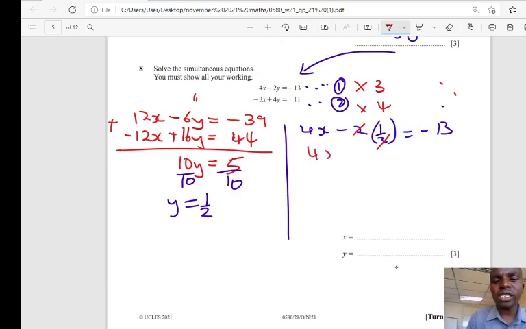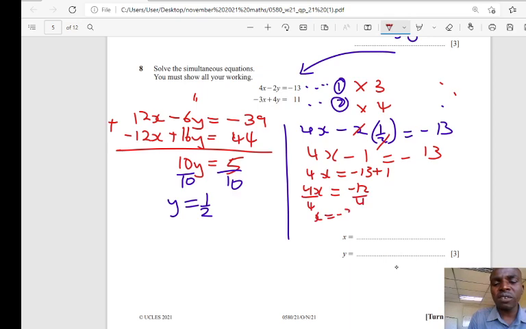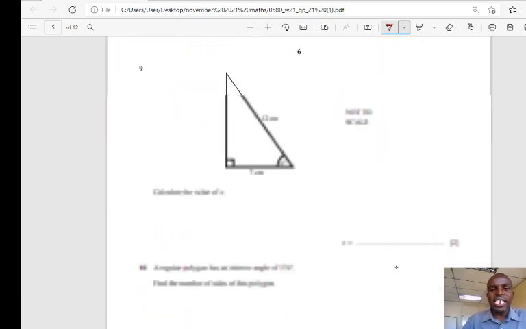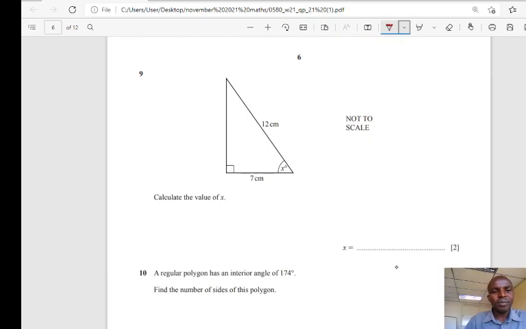It will be 4x minus 1 equals negative 13. Then 4x equals negative 13 plus 1. 4x equals negative 12. You divide by 4, you get x equals negative 3. So x is negative 3, y is 0.5, a half. Done.